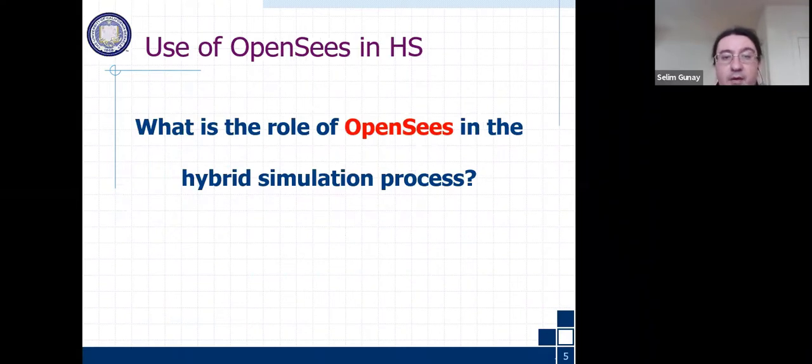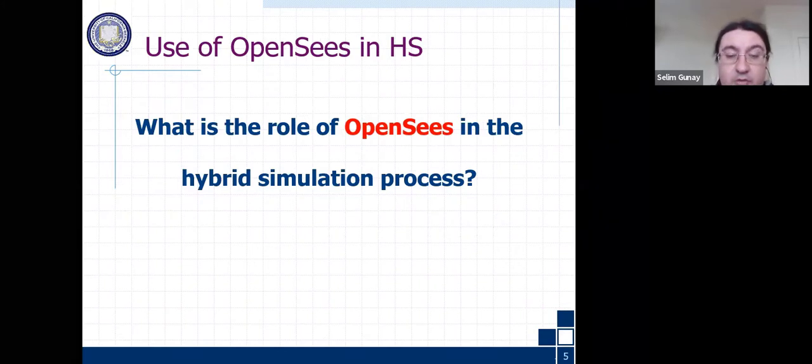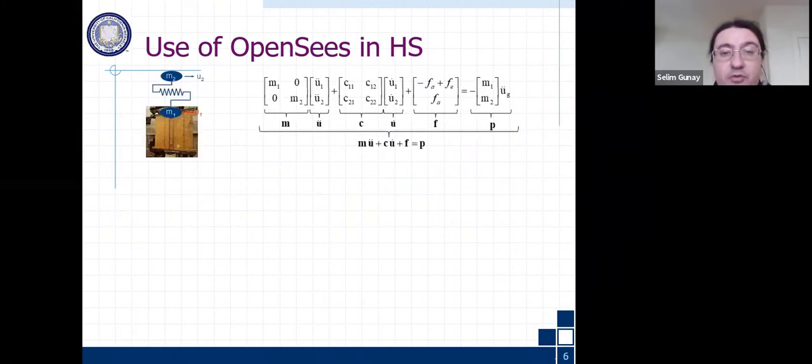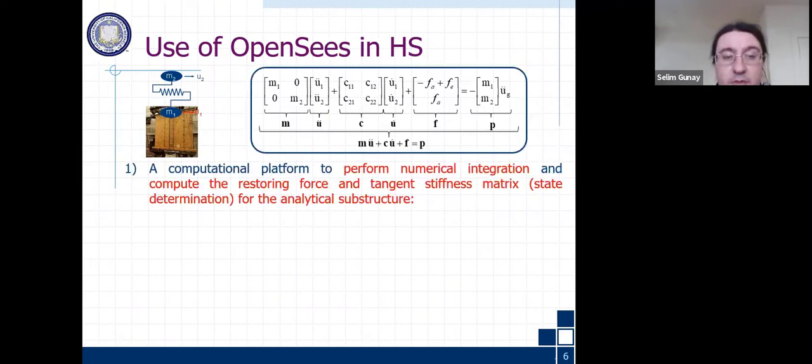So what is the role of OpenSees in this hybrid simulation process? To address this question, we can go over the list of components or platforms that we would need to conduct hybrid simulation. So what are those components?